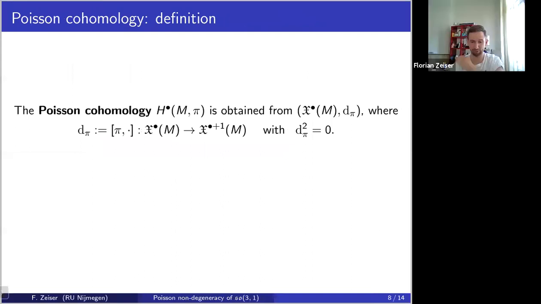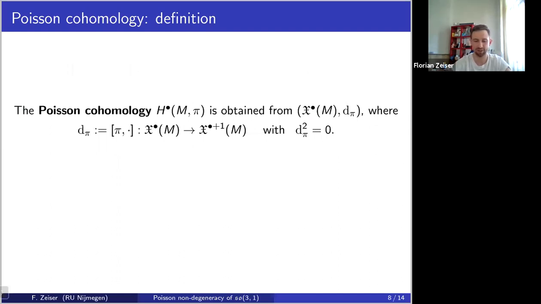Okay, so let's continue with Poisson cohomology. Poisson cohomology is something which is naturally associated to every Poisson manifold. It's the cohomology obtained by the cochain complex, which is built from the multi-vector fields on the manifold and the differential d_pi, which is defined in the following way.